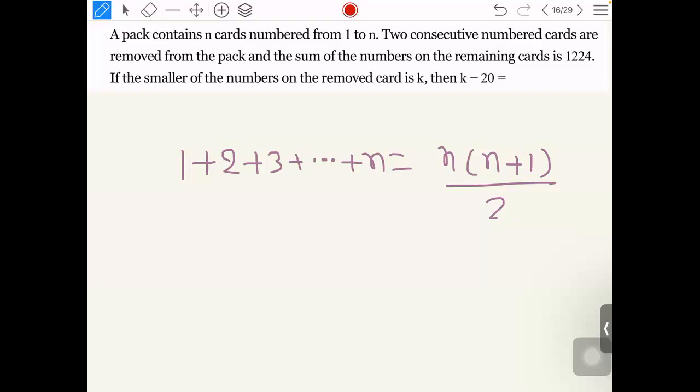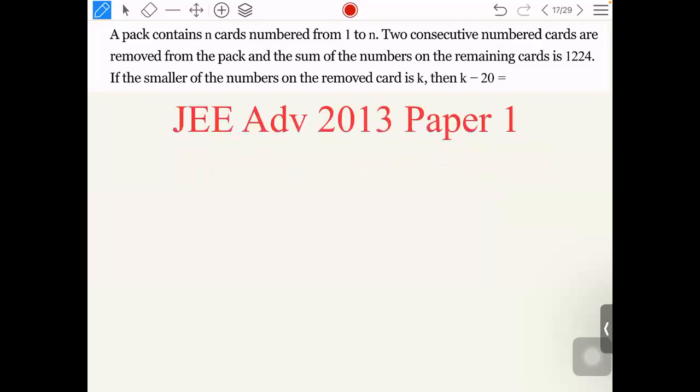Arpit, very good. Correct answer. So you, this is the question which came in JEE Advanced 2013, paper 1 again. So I'm giving you 1 minute more time.